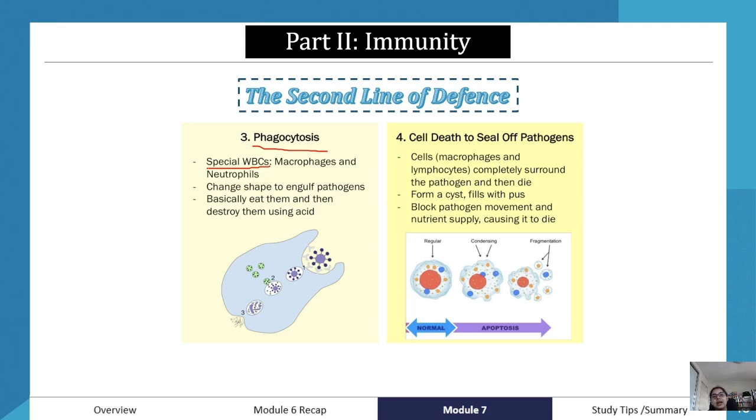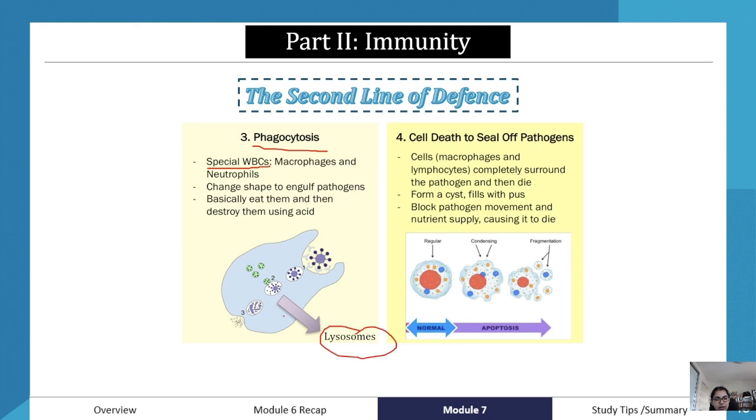They basically eat up a pathogen, and then they destroy it using acid. Lysosomes play a huge role in this process, because lysosomes, as you would know, generally are responsible for waste and disposal.